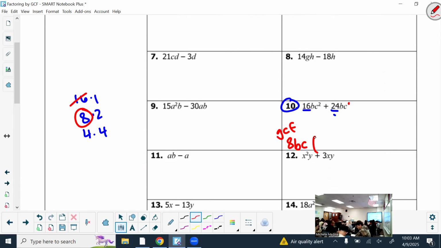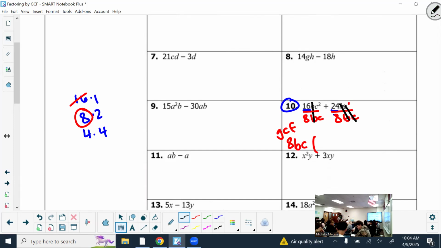And then inside the parentheses is what we get from dividing each term by the GCF. Usually at this step, I'll try to cancel out anything I can. So in the first term, the b cancels because they're the exact same, both b to the first power. In the second term, the b and the c cancel because again, they're the exact same. Now there's less that I have to divide.